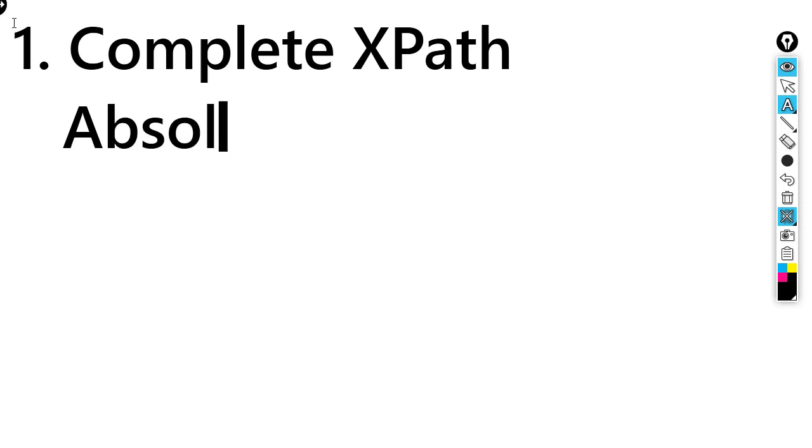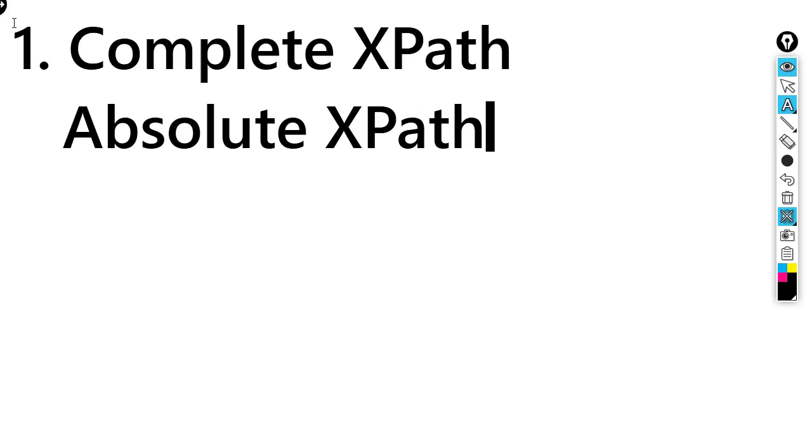XPaths are of two types. First one is complete XPath, right? We call it absolute XPath as well, so there are two names for this.